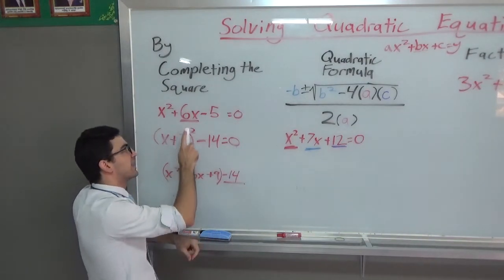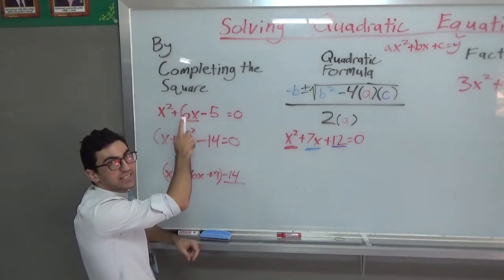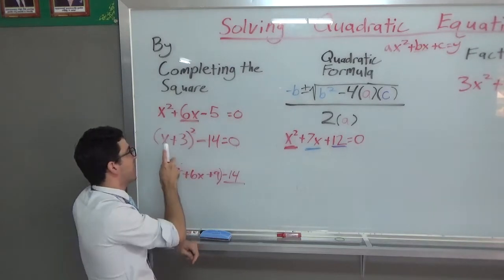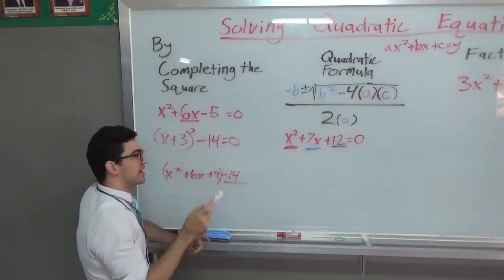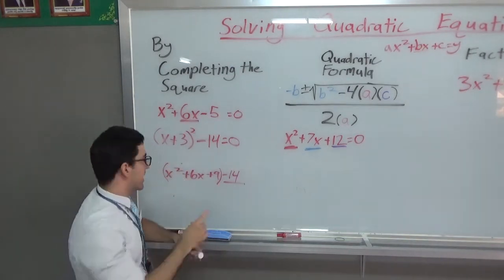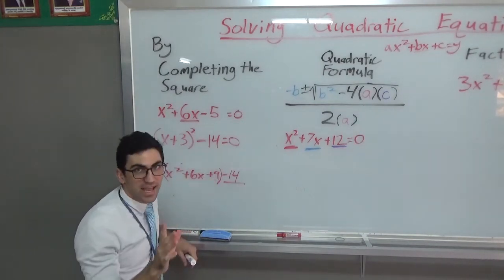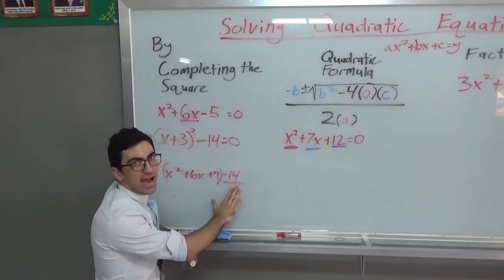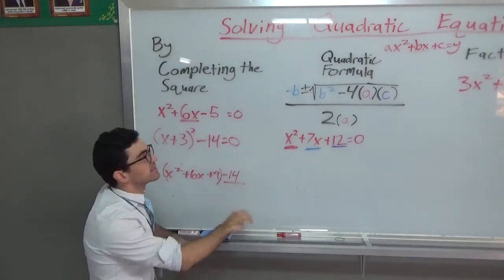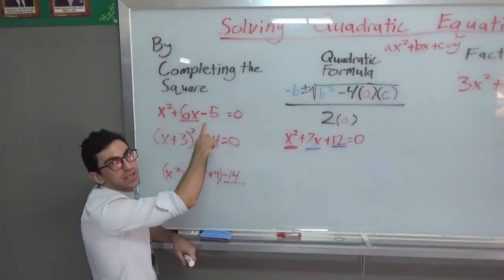Basically, you'll take half of 6x, which is 3. So you have x plus 3. Now you will re-expand that, x squared plus 6x plus 9. Then you see, what do I need to add or subtract from the end of this to make it become our original equation?